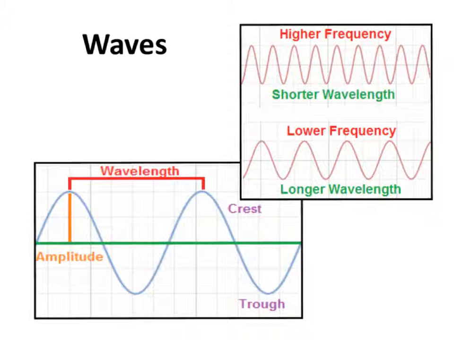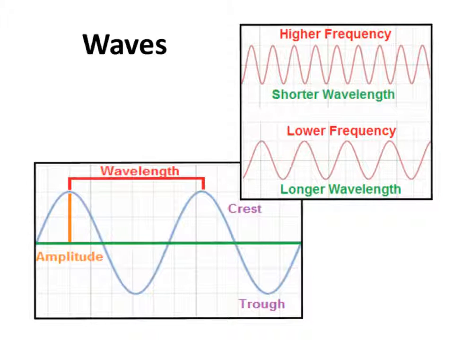Now, first thing, when we talk about waves, we talk about their wavelength, which is really the length of one wave. So that could be from crest to crest, trough to trough, or from one node all the way through one cycle to the next. All right, we also talk about amplitude, which is the height of the wave, and we talk about frequency.